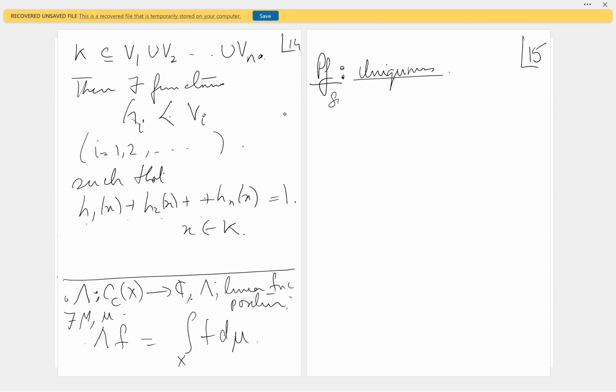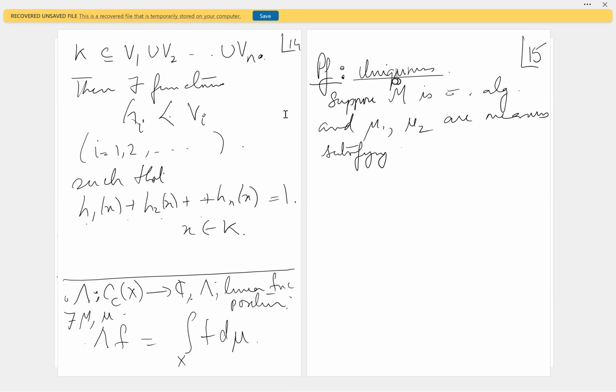So suppose there exist measures mu1, mu2. So mu is unique, the sigma algebra we construct. Suppose M and mu1, mu2 are measures satisfying the conditions.